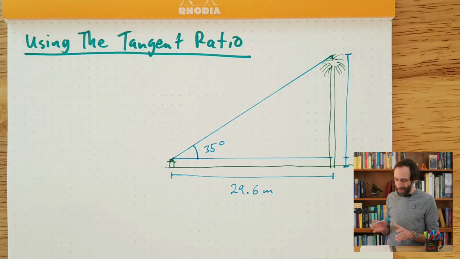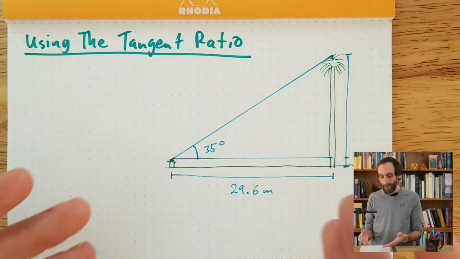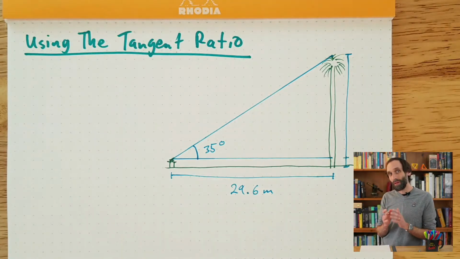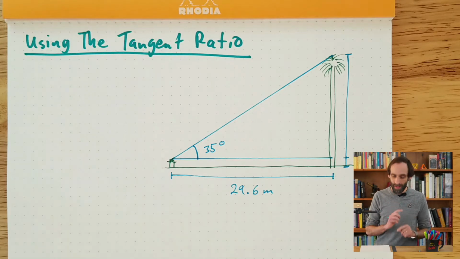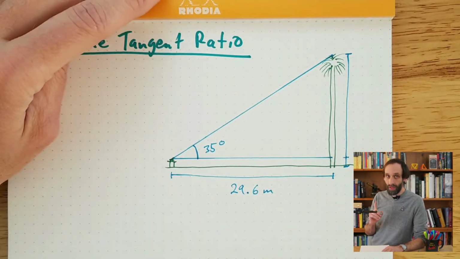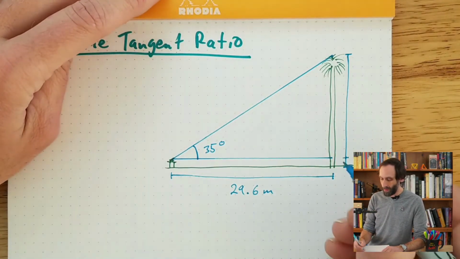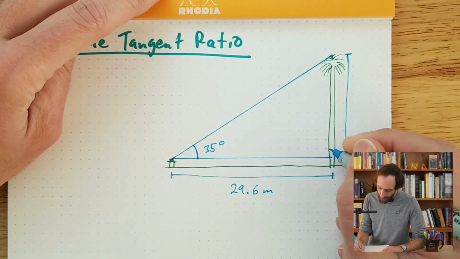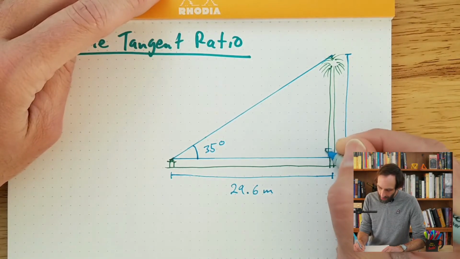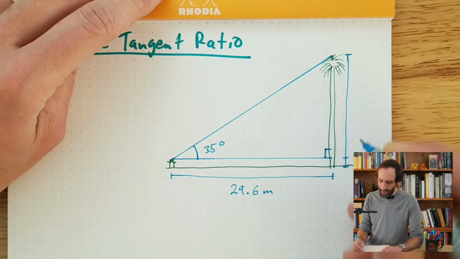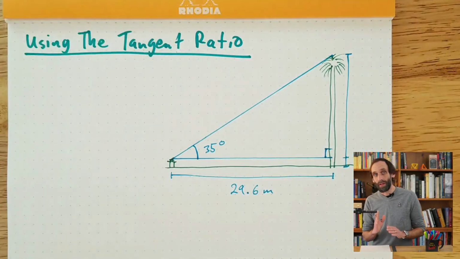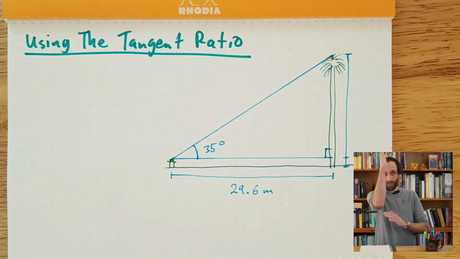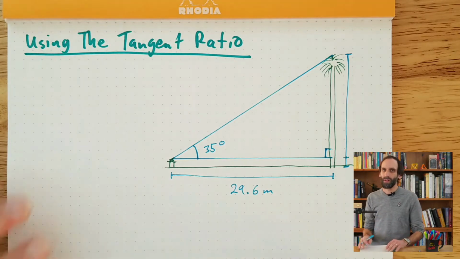Now that might not seem like enough to determine the height of this tree, but with a few other assumptions, it is. The first assumption that we need to make in order to move any farther is that this right here is a right angle. Basically that this tree is straight, going straight and perpendicular to the ground.